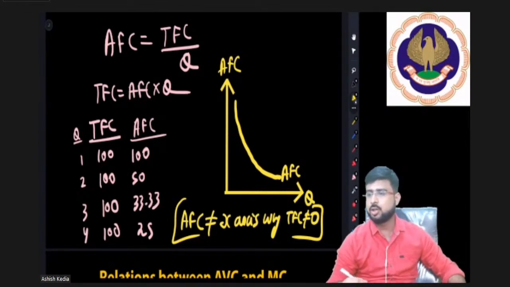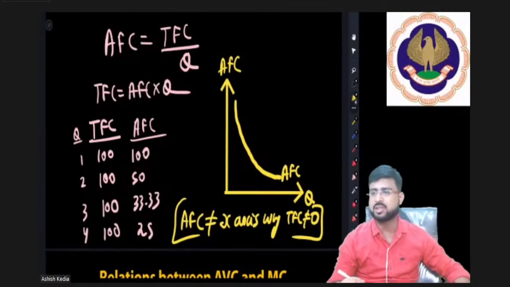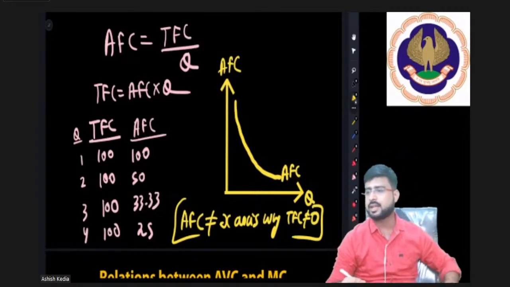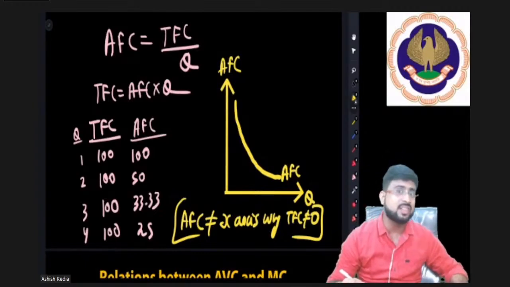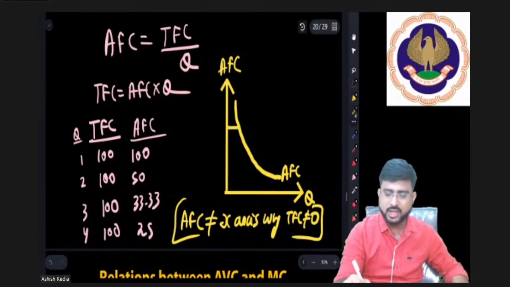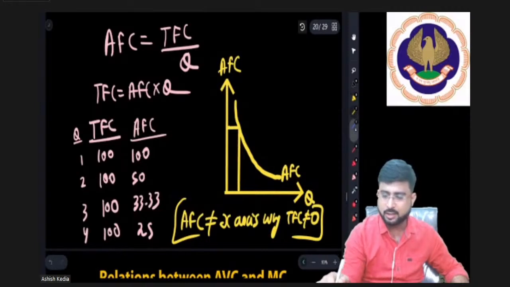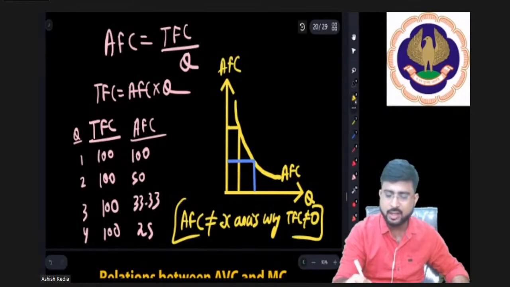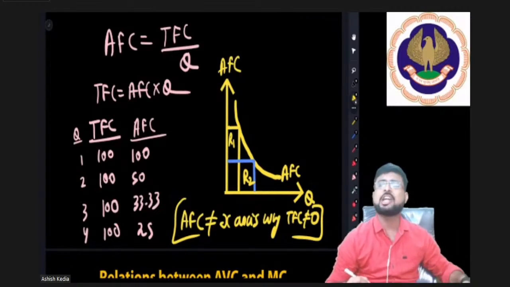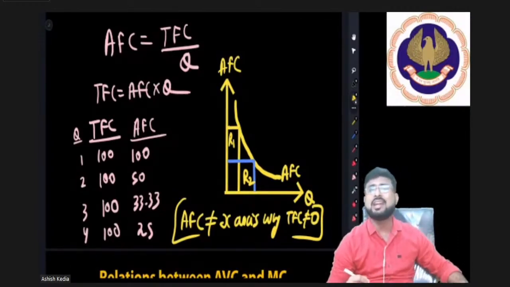Ruchita says it is just an economics assumption. All right, correct. Now the question is, why is it a rectangular hyperbola? Pay attention, guys. Let me find the area. I have drawn two rectangles, rectangle 1 and rectangle 2, one in yellow, one in blue. It is called the rectangular hyperbola AFC because the area under the curve is the same.